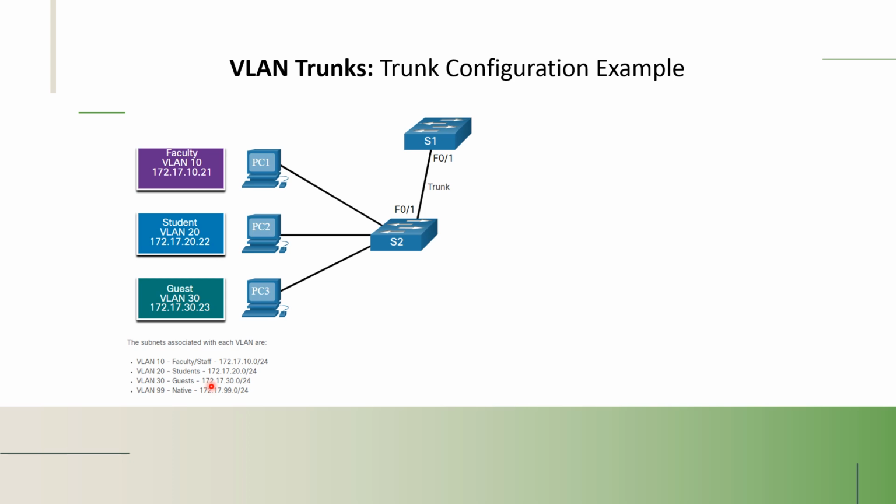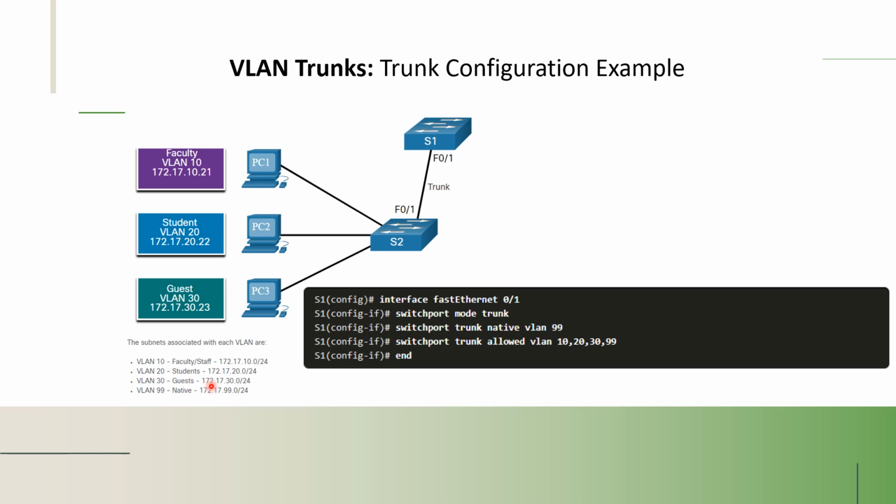And as the example shows, here will be the configuration on switch 1 as a trunk port. So we have to enter from the global configuration mode to the interface FastEthernet 0/1 with the interface fastethernet 0/1 command. And here in this interface, we will configure it as mode trunk. We will support traffic for the native VLAN, which will be different from VLAN 1, and it will be VLAN 99.